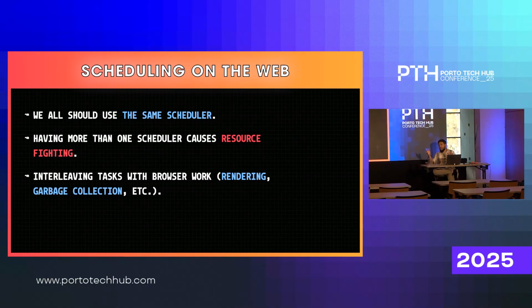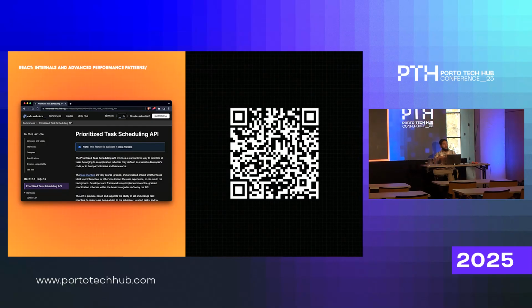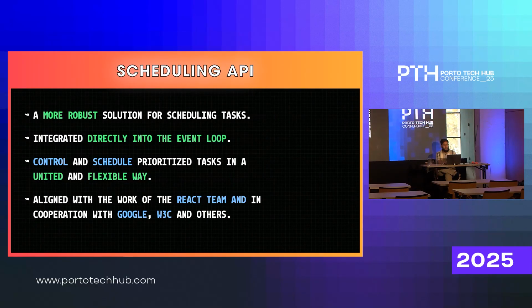Not to mention that we also often end up having to interleave browser work with our tasks, and browser work can be rendering itself or garbage collection, all that. To address this problem, there is an ongoing initiative by the Web Consortium called the Prioritized Task Scheduling API, and it's an umbrella for many different APIs.